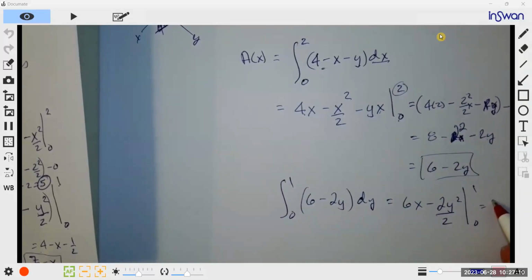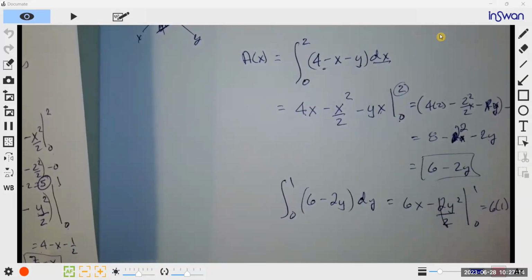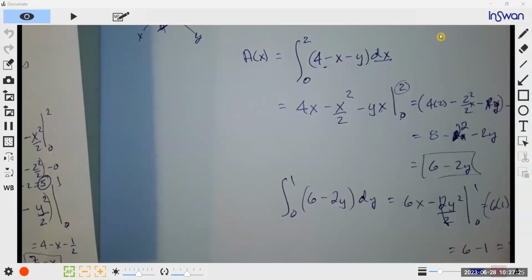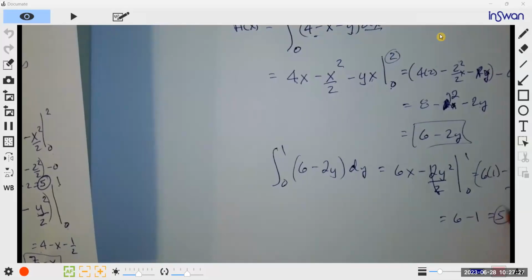Now we get 6 times 1. Well, the 2's cancel, 1 squared. Then they both have 0, so it's minus 0, which is 6 minus 1 equals 5, which is the same thing.